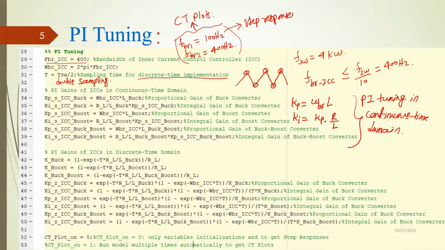For tuning the boost converter, I have used the boost converter impedances. And for tuning the buck-boost converter control, I have used the buck-boost converter impedances. So this is in the continuous time domain, and the same tuning in the discrete time domain. So this is PI tuning in the discrete time domain.